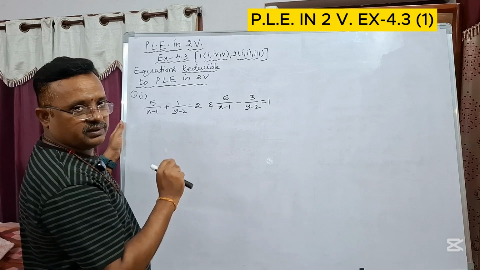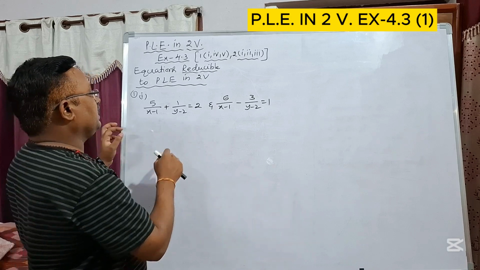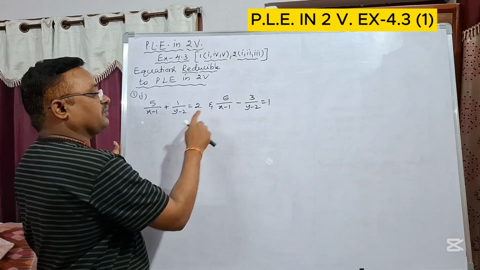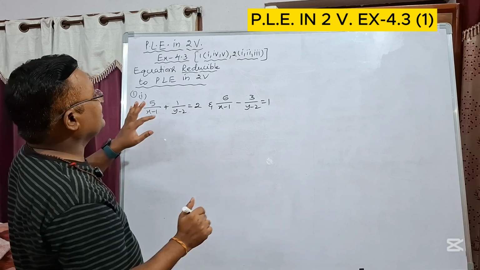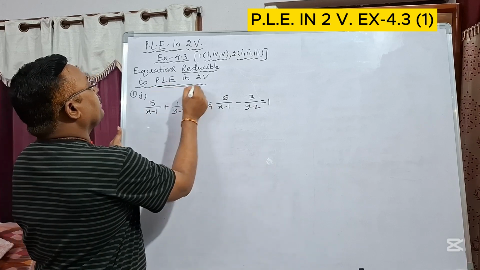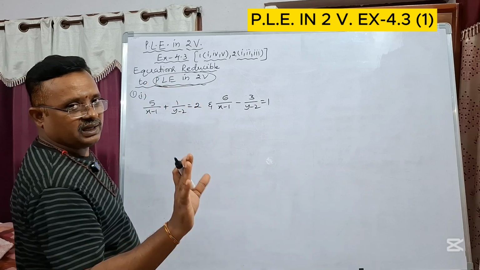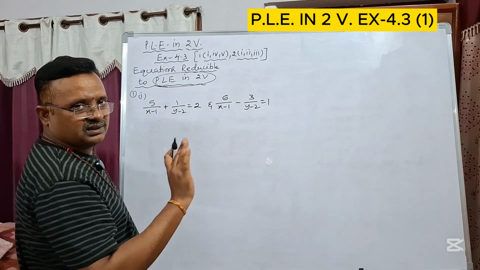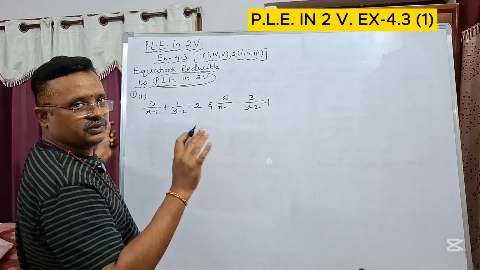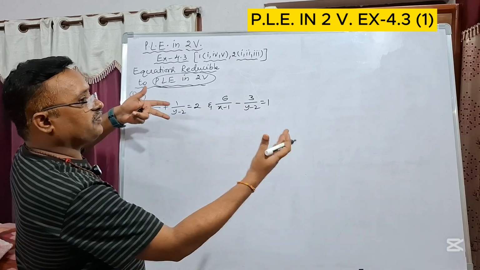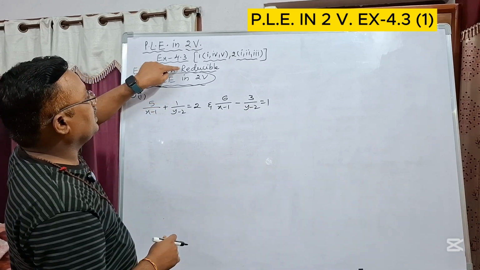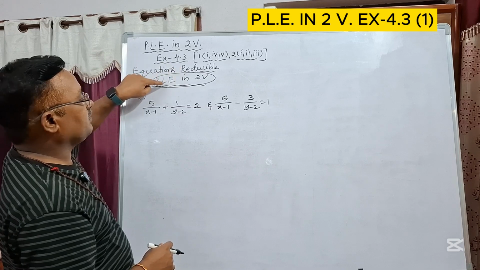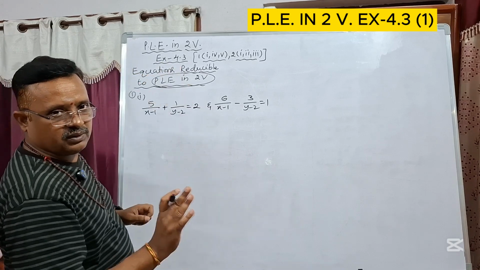These are the two given equations. If you observe them clearly, variables are in the denominator form. So first of all, these are not directly in pair of linear equations form. They are in some other form that has to be reduced into pair of linear equations in two variables.